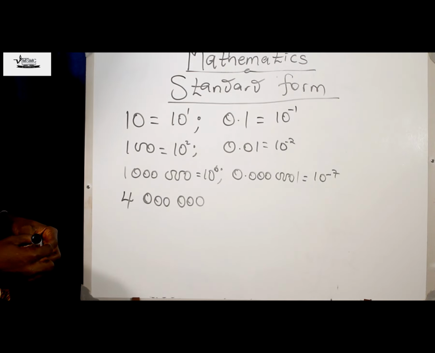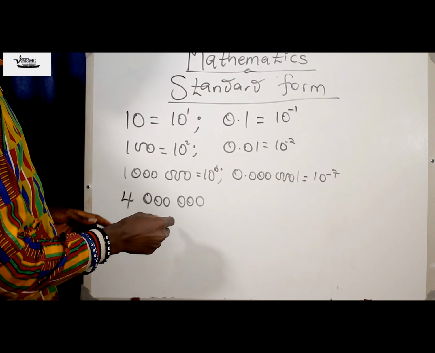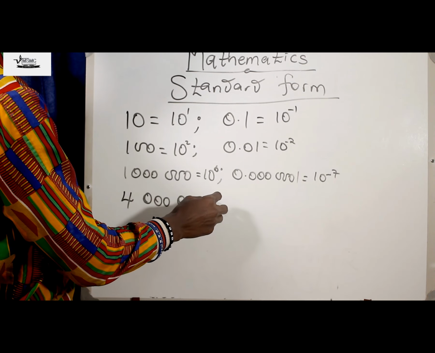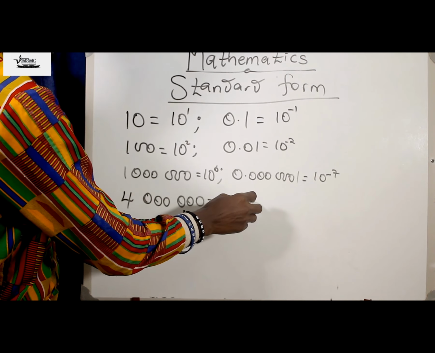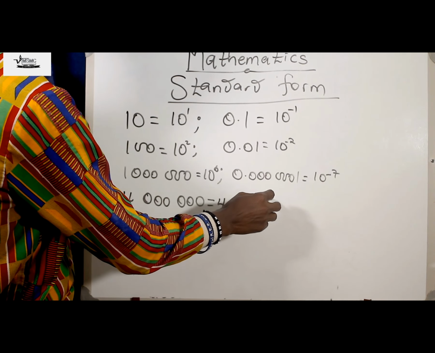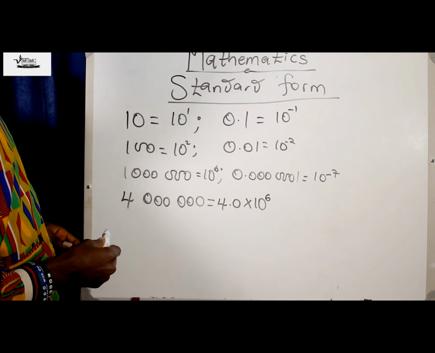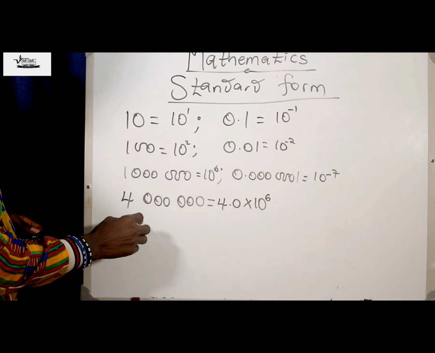Now you can count how many digits you have here. You have 7 digits. So after the first digit, how many digits are remaining? 6. So which means 4 million in standard form is 4.0 or 4 times 10 raised to the power of 6.